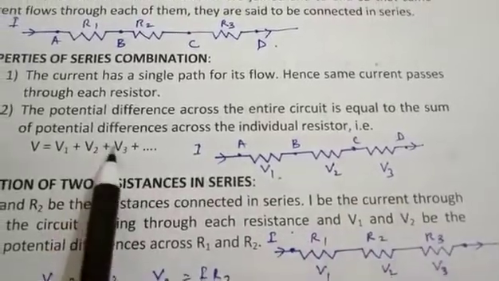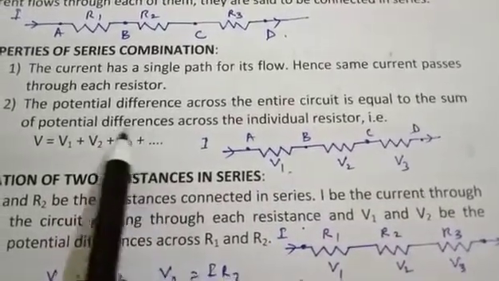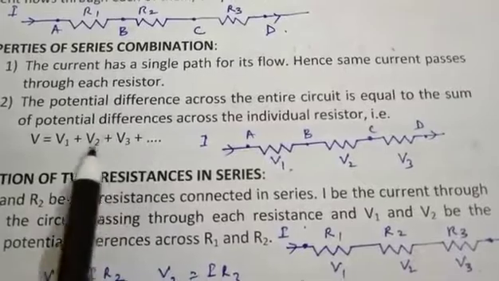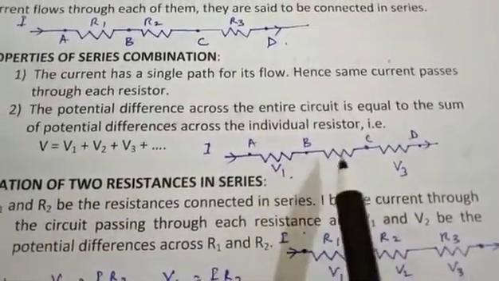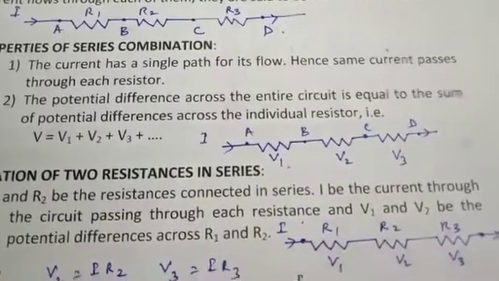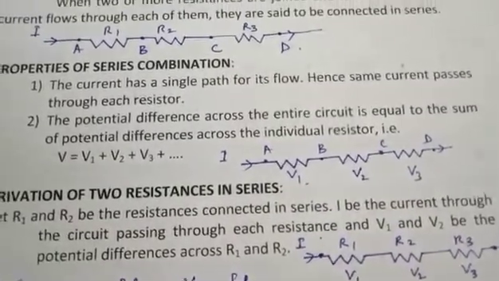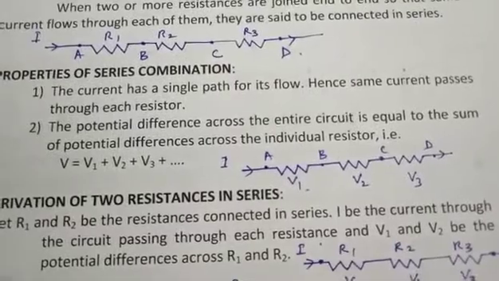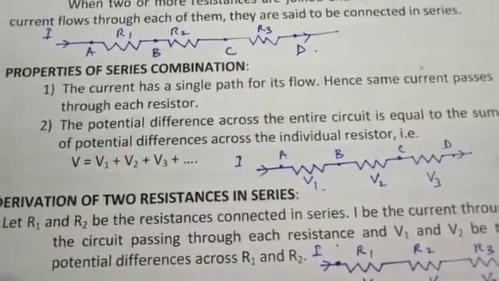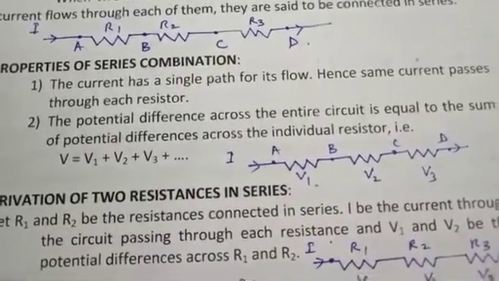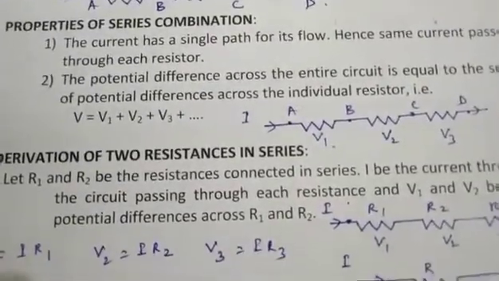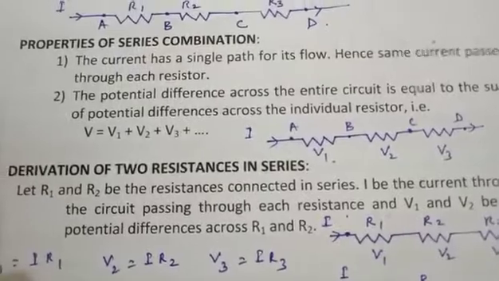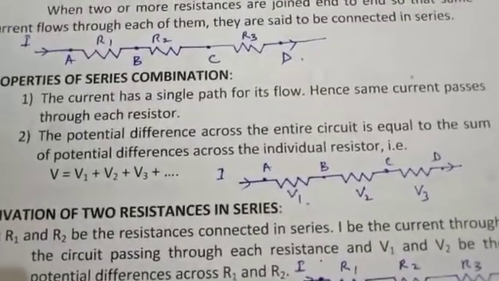According to the second property, the total potential will be equal to the sum of each of the potential of each resistor. So what is happening in series combination? The same current is passing through all the resistors, but each resistor will have different potential difference across their endpoints. These are the two important properties of series combination.